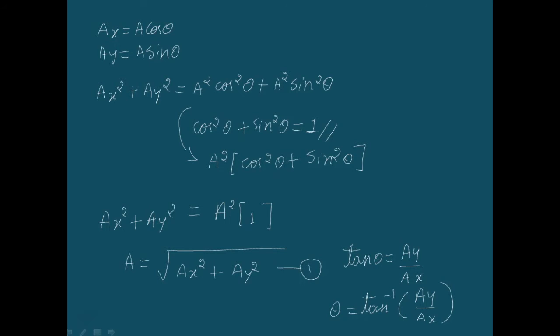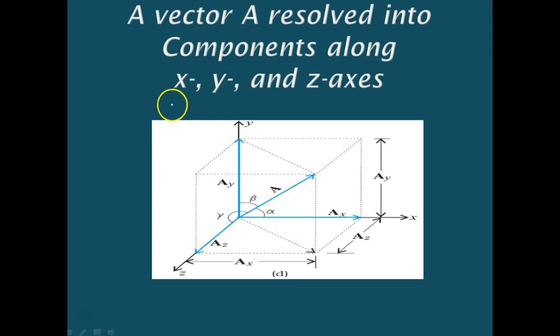And if we know the value of a and theta, we can easily find out the value of ax and ay by using the equations, that is ax is equal to a cos theta and ay is equal to a sin theta, isn't it? Yes. So far, we have considered a vector lying in the xy plane, isn't it?